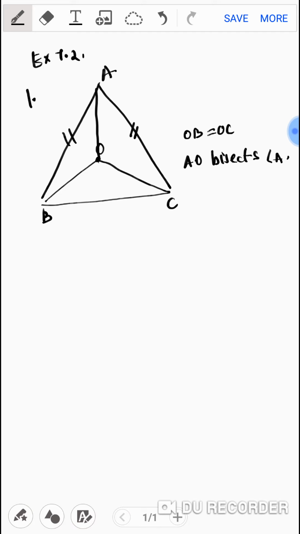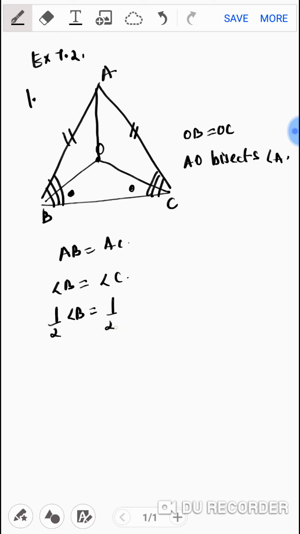Let's start. Now it is given that AB is equal to AC. So can I say angle B is equal to angle C? If angle B and C are equal, OB and OC are the bisectors. So can I say half of angle B is equal to half of angle C?